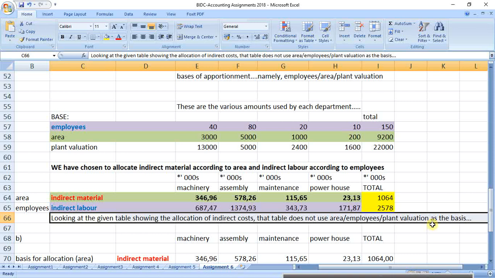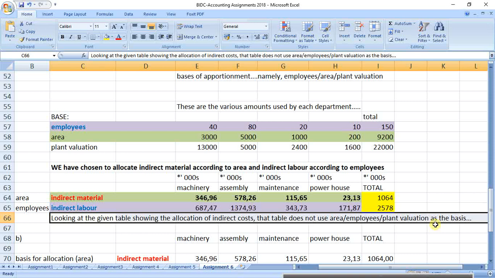Okay. Alright, then B said reapportion the cost of the service departments over the 2 production departments using appropriate basis. Okay, this question was weird because have a look. They said reapportion the service departments over the 2 departments using the basis.